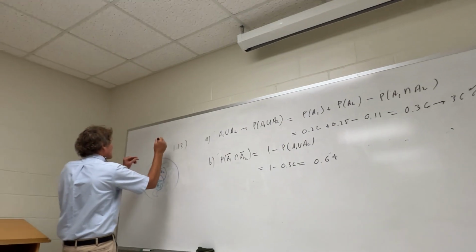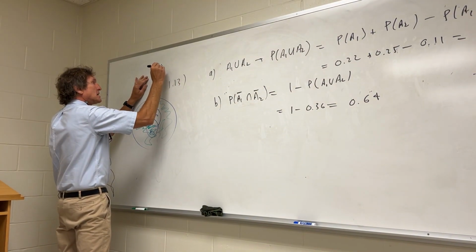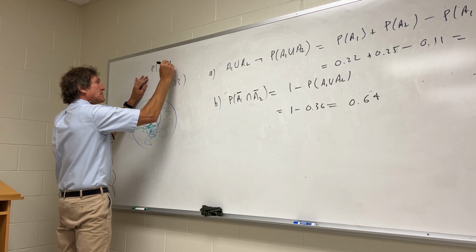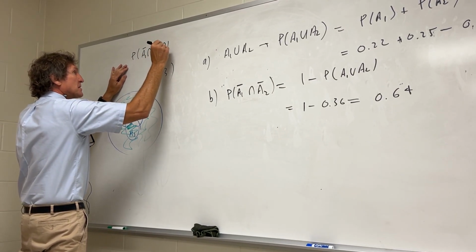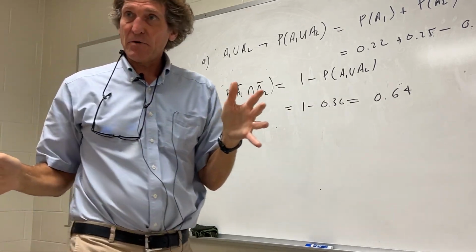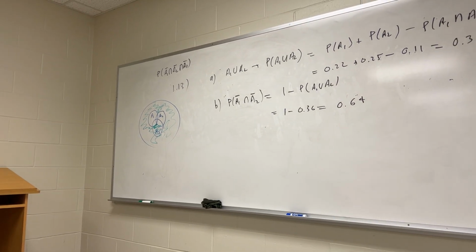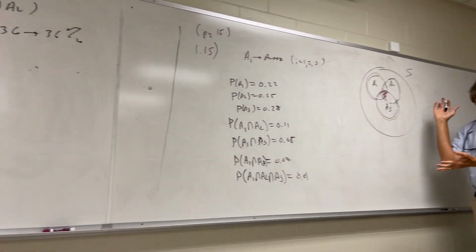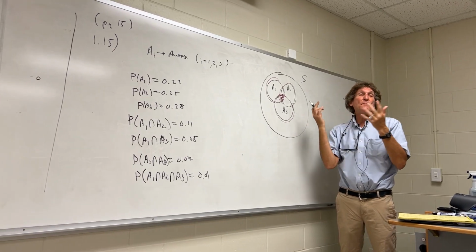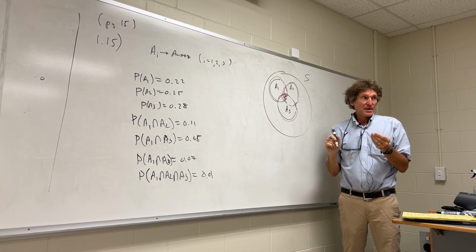What if I said I want the probability of everything that's not A1 intersect with A2 intersect with A3? Not. Everything's not, all right? What are you gonna do? You're gonna just blacken these circles and look at the area outside that, right? Or take 1 minus the probability of all these. You all with me? Can you all see that, class?